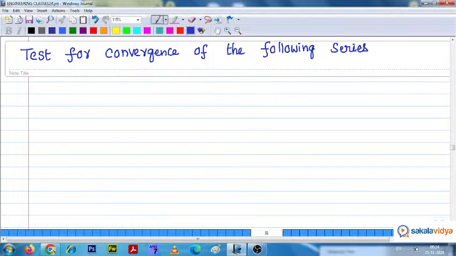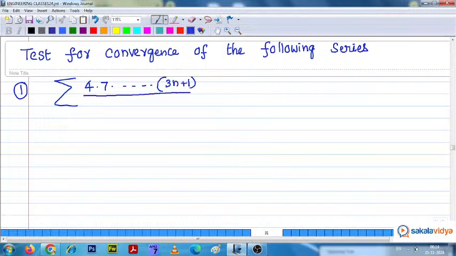The first question: sigma of 4 into 7 into and so on up to (3n+1), divided by 1 into 2 into 3 into and so on up to n. So this is the given series.